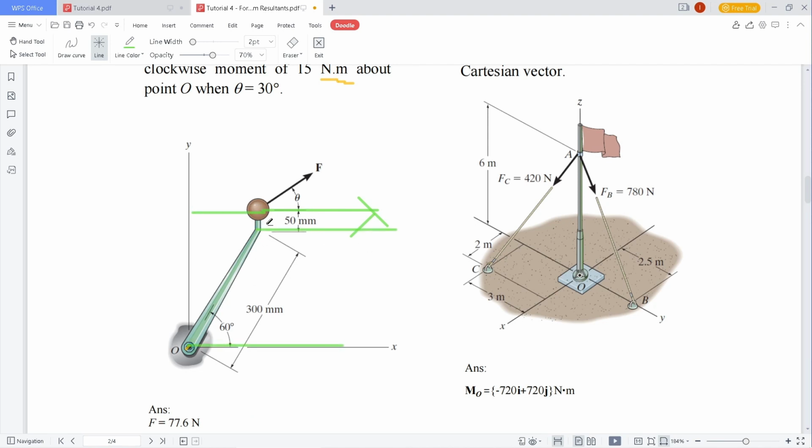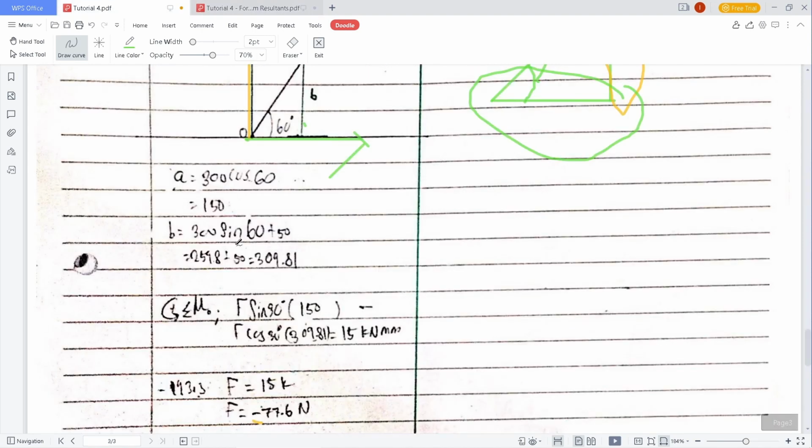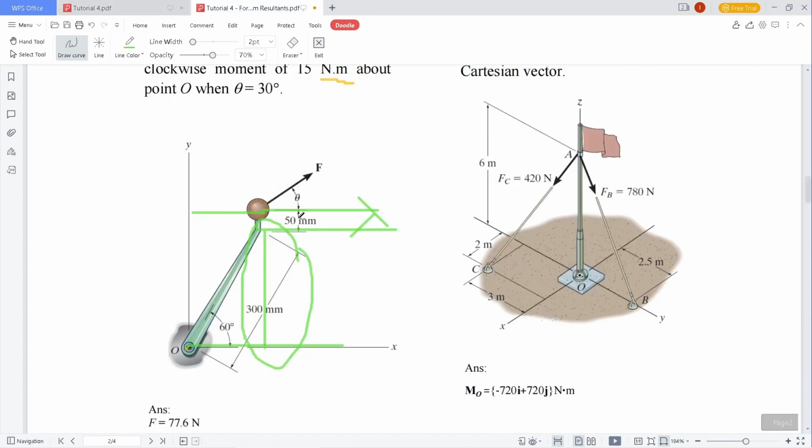So you need to know the length of this line, which requires sine 16 degrees times 300 millimeter. You will get 300 times sine 16 degrees, and you need to add 15 millimeter, because the perpendicular distance for the x component goes from here to there, which includes the 15 millimeter.